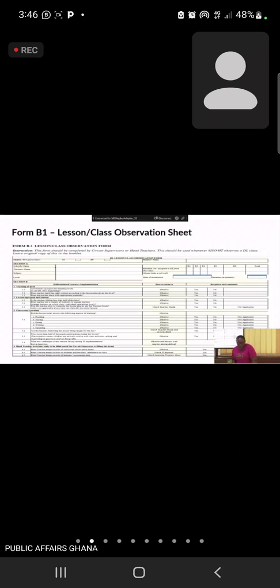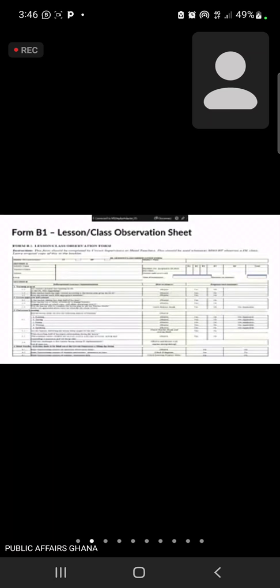We have Form B1, lesson or class observation sheet. This gives detail of what actually happens during the intervention implementation stage, when we have finished assessment and we have put them into their diamond, jewel, etc. groups, and excited about whatever they are doing. What happens will happen here.